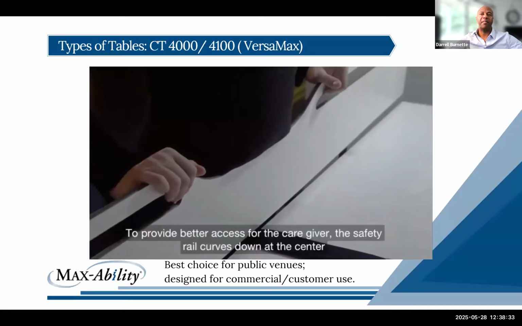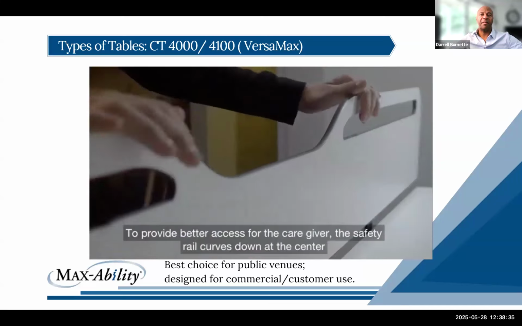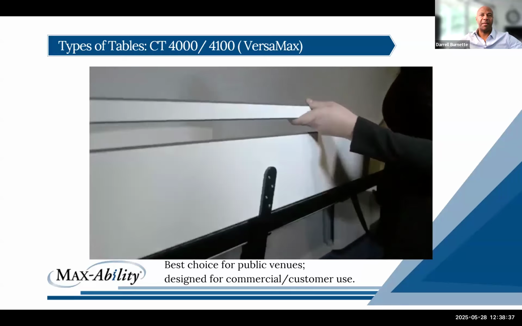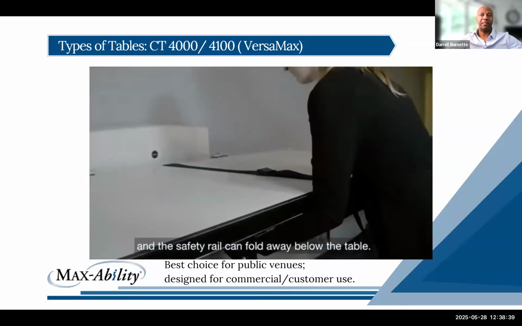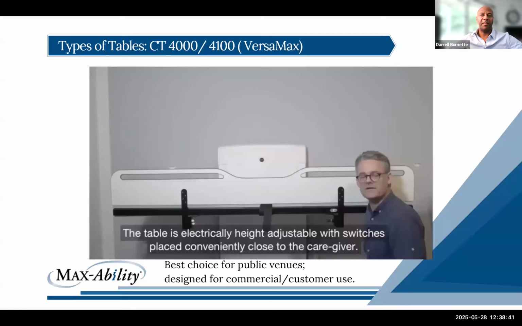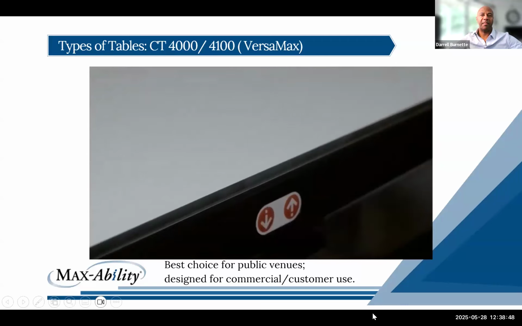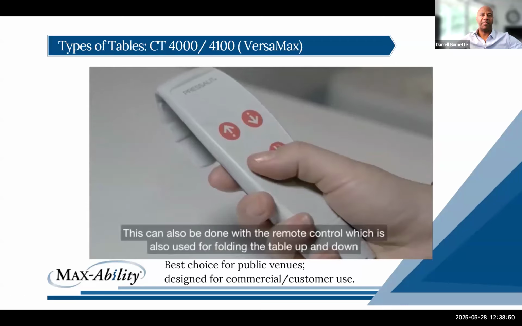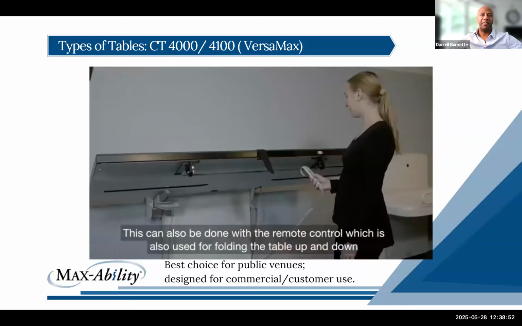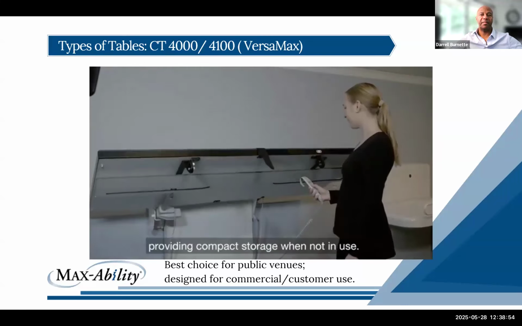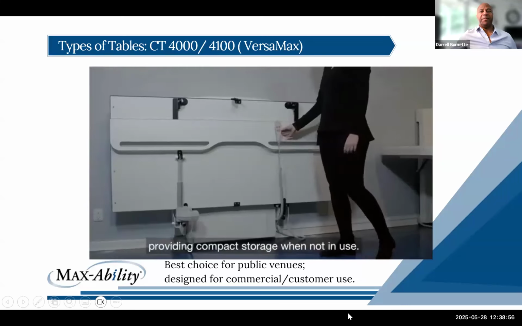To provide better access for the caregiver, the safety rail curves down at the center, and the safety rail can fold away below the table. The table is electrically height adjustable with switches placed conveniently close to the caregiver. This can also be done with the remote control, which is also used for folding the table up and down, providing compact storage when not in use.